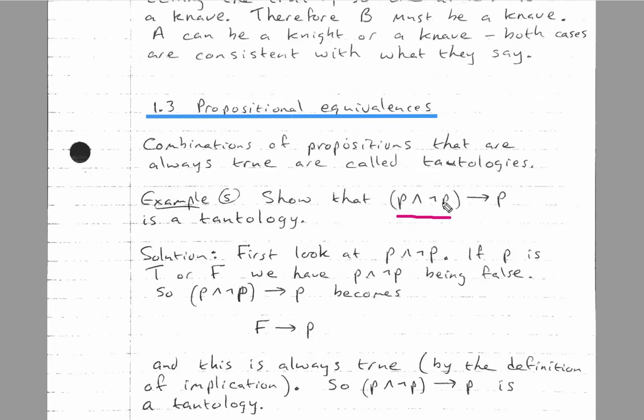So one of them is false, and we have an and here, so that means this whole thing has to be false. And we know from implication, if the first thing is false, then the implication is always true. So false implies P. False implies false is true, false implies true is true.